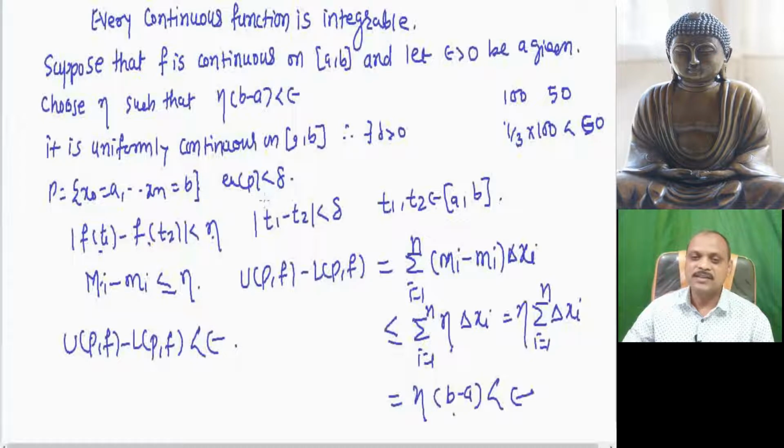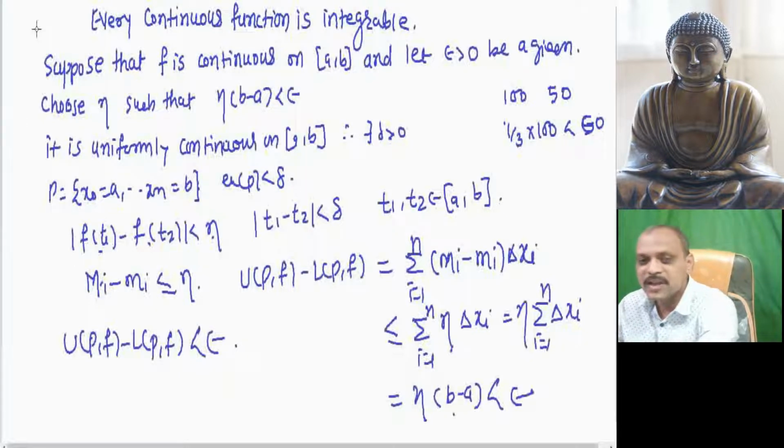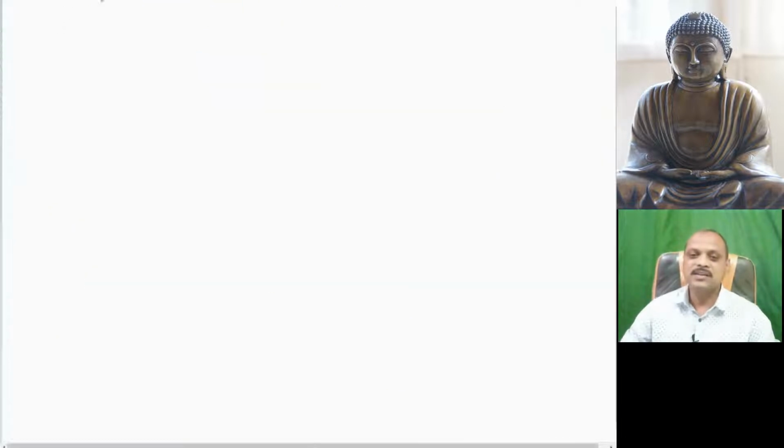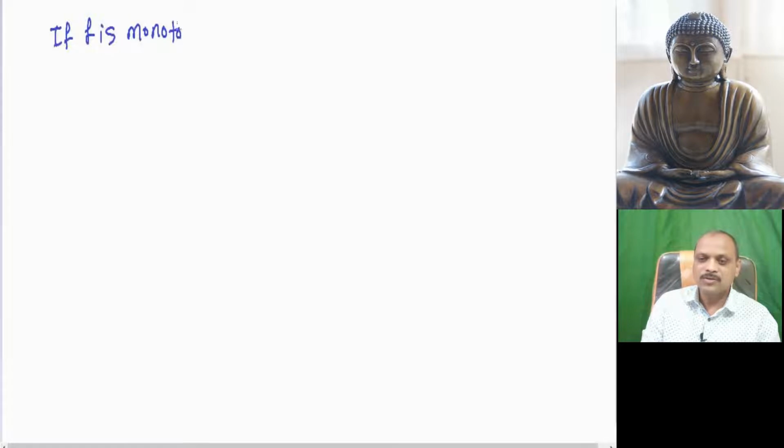Now, the second result: we show that if the function is monotonic, meaning either increasing or decreasing, the function is integrable. So the statement is: if f is monotonic on the closed interval [a, b], then it is integrable.